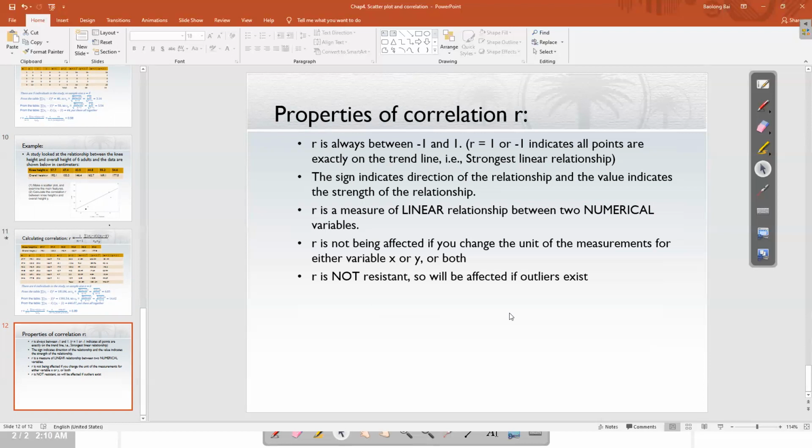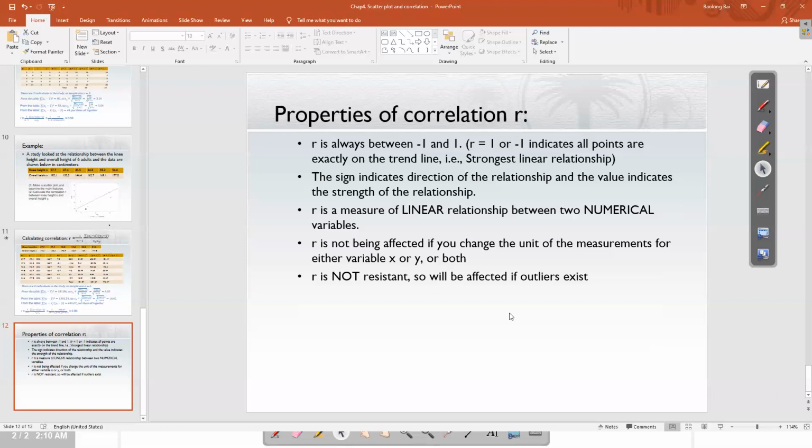But we can also quantify that linear relationship using a numerical measure called correlation. Okay? So correlation is always between -1 and +1. There are no exceptions. So anytime we ask you to calculate the correlation, make sure it's between -1 and +1. Otherwise, automatically it's not correct, right?